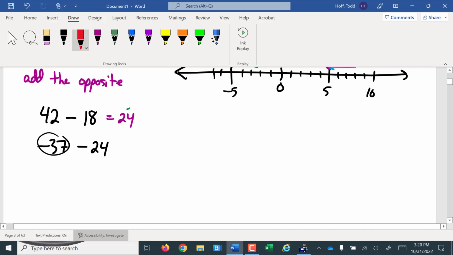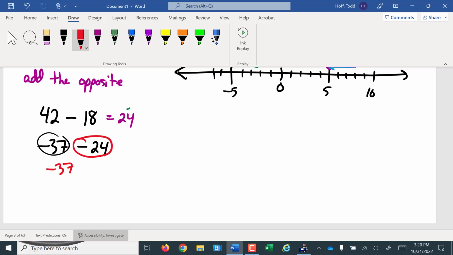The negative 37 doesn't change. The subtraction operates on the number coming after it. So instead of subtracting 24, we add the opposite of 24, which is negative 24. So here's 0, negative 37, negative 24 goes the same direction. That tells me my answer is on the negative side of 0, and I add the absolute values. 37 plus 24 is 61.